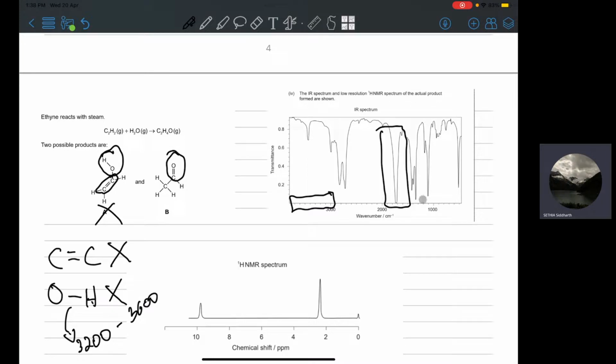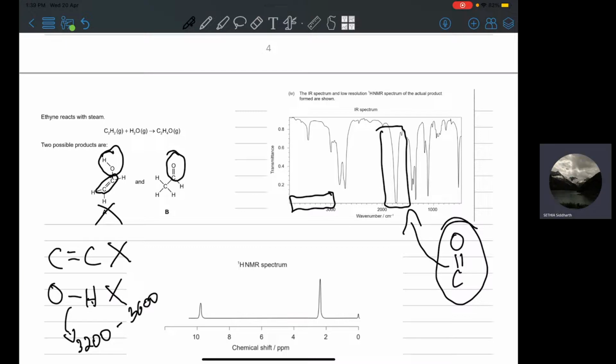This broad peak signifies the presence of a C double bond O. And if you look at your data booklet, at infrared data, you see that aldehydes, ketones, carboxylic acids, and esters, where this C double bond O is present, have a wave number between 1,700 and 1,750, which is perfectly where we want it to be. So it's perfect.